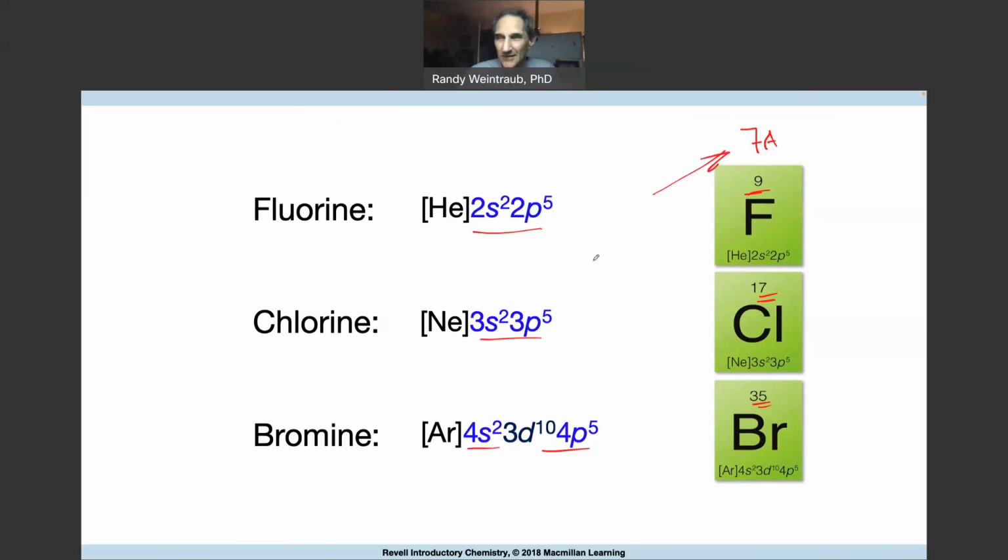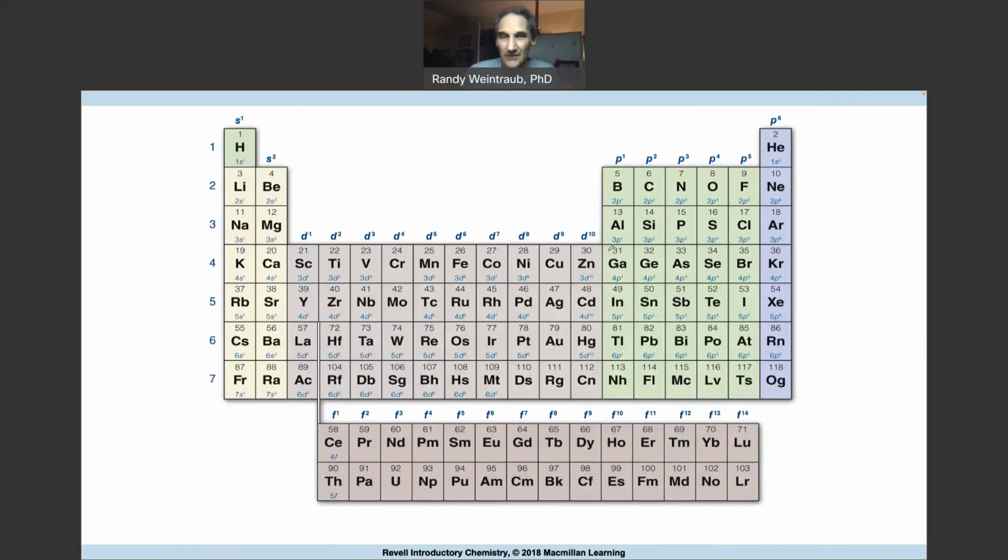Having an almost filled octet, they have a very strong ability to gain one electron, or to share it if interacting with another nonmetal. But with a metal, it very efficiently acquires one electron to complete that valence shell.